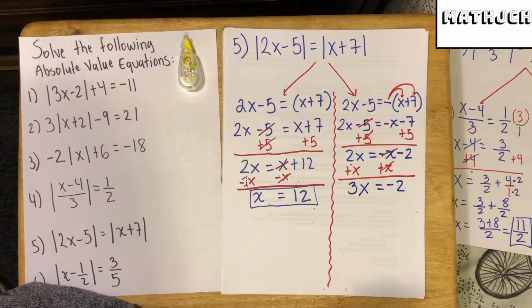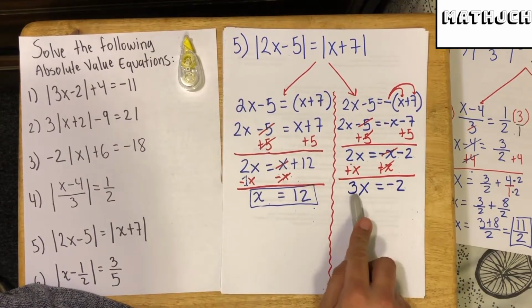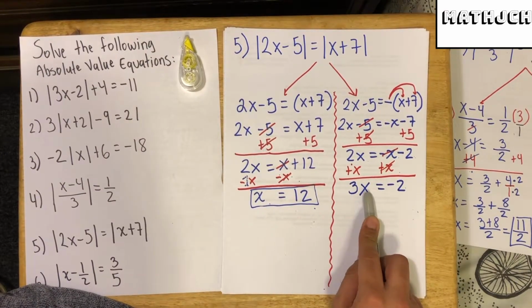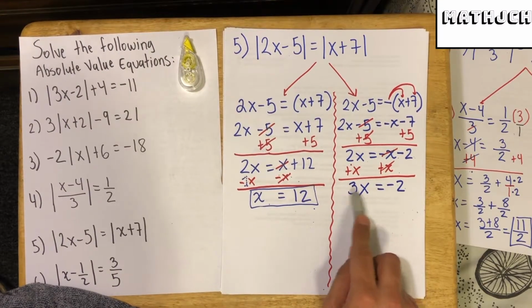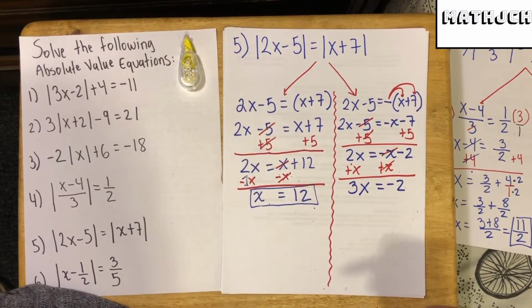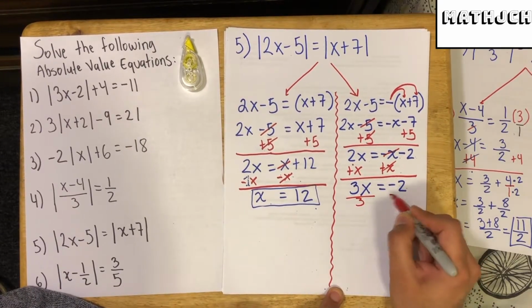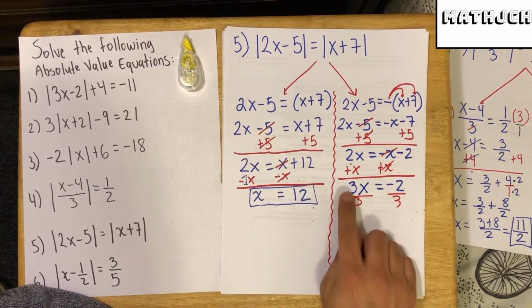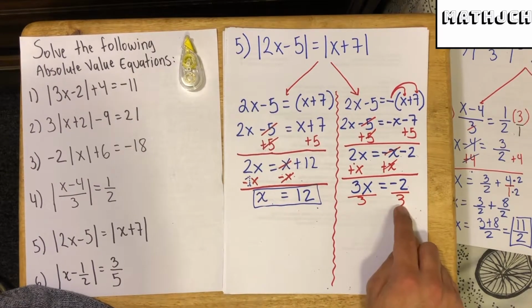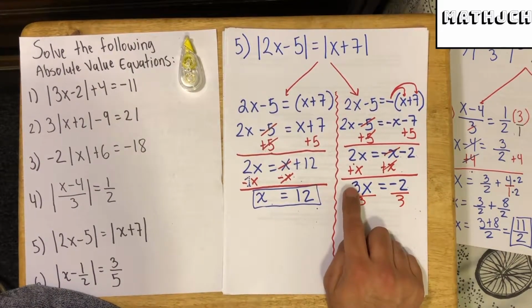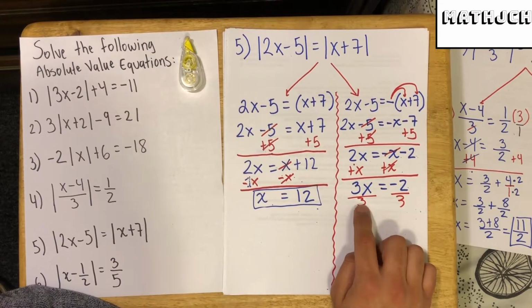Now, solving for x, I need to get rid of this 3 that is multiplying x. To get rid of something that is multiplying, I do the opposite, which is divide. So I divide by 3 on both sides. It's positive 3, positive 3, positive 3. If this were negative, I would have to divide by negative 3 on both sides.